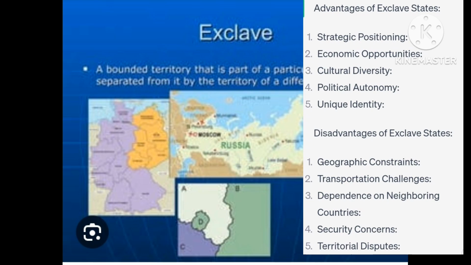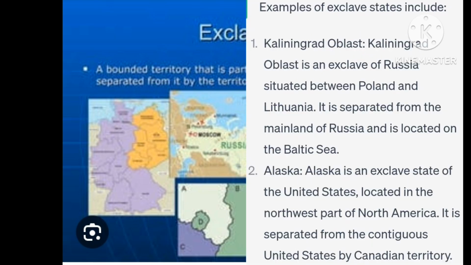Now another example is Alaska, an exclave of the United States of America, located in the northwest part of North America. It is separated from the contiguous United States by Canadian territory.